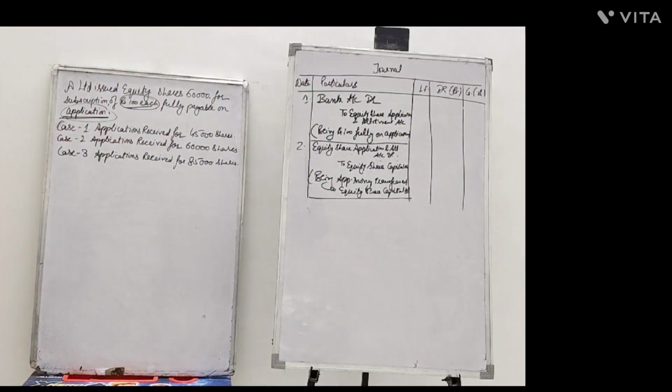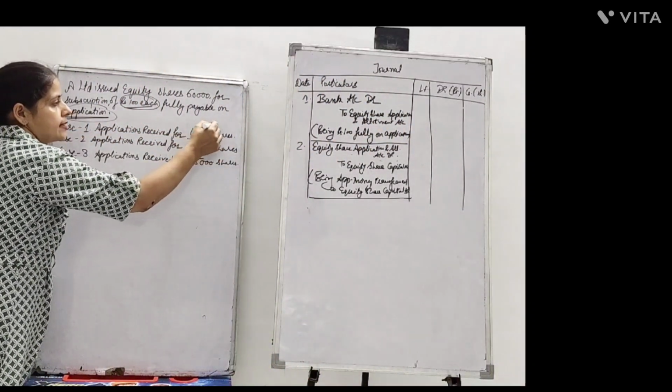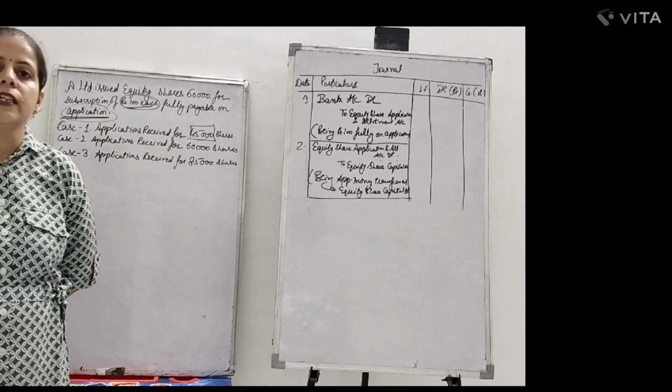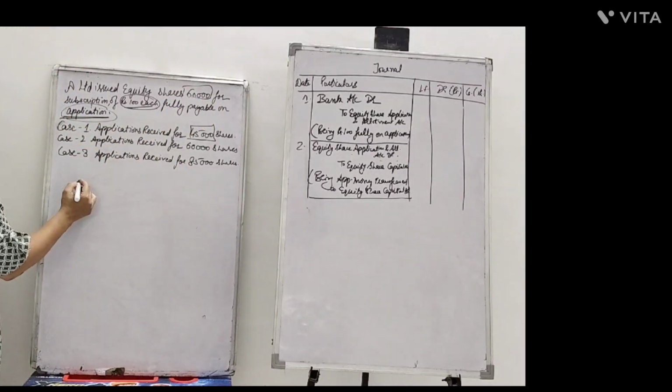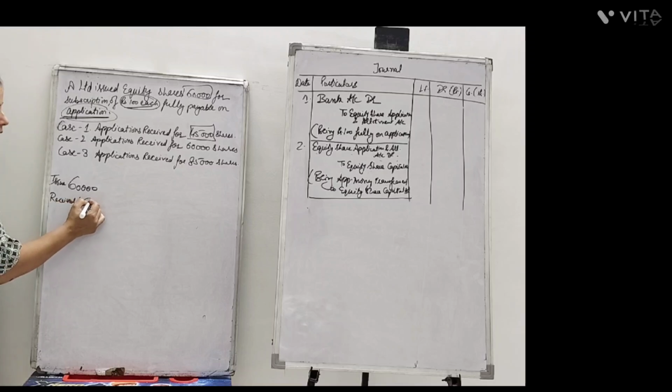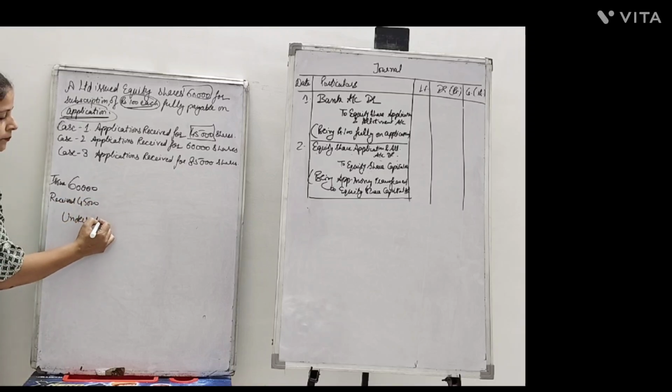For the first case, if the applications were received for 45,000 shares when the company was making an issue of 60,000 shares, this is known as the case of under subscription.